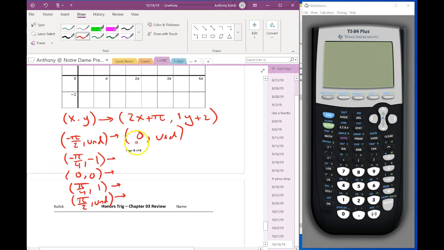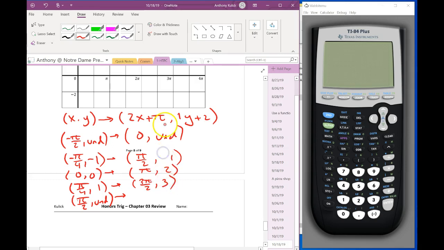Negative pi over 4 times 2 is negative pi over 2, plus pi is positive pi over 2. Negative 1 times 1 is negative 1, plus 2 is 1. 0 times 2 is 0, plus pi is pi. 0 times 1 is 0, plus 2 is 2. Pi over 4 times 2 is pi over 2, plus pi is 3 pi over 2. 1 times 1 is 1, plus 2 is 3.